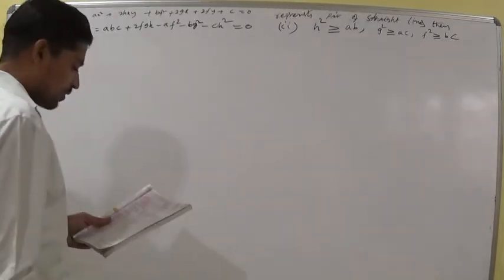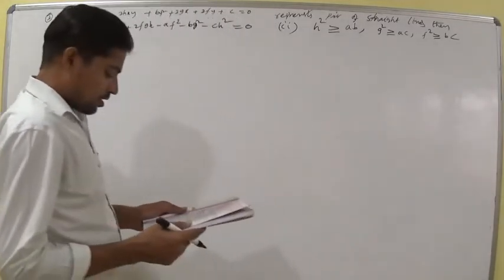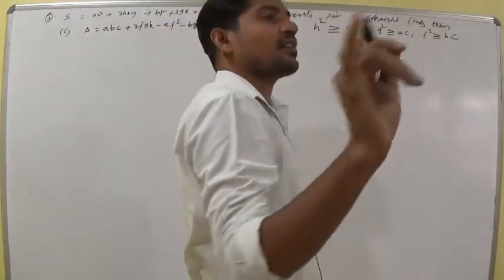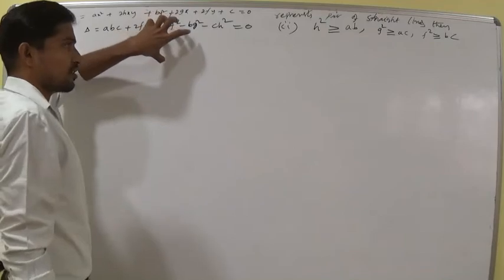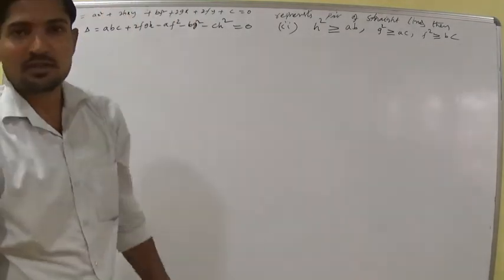So here, if any one of the conditions is not satisfied, it does not represent a pair of straight lines.